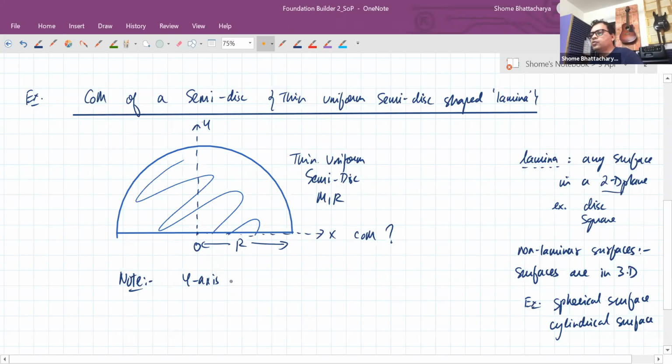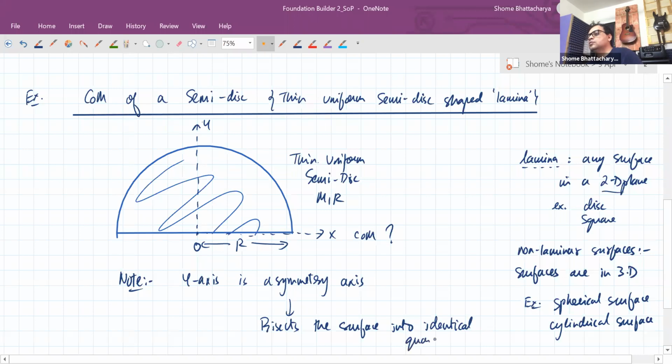The y-axis is a symmetry axis because it bisects the given surface into identical shapes on either side of it, quarter circles, quarter discs rather.